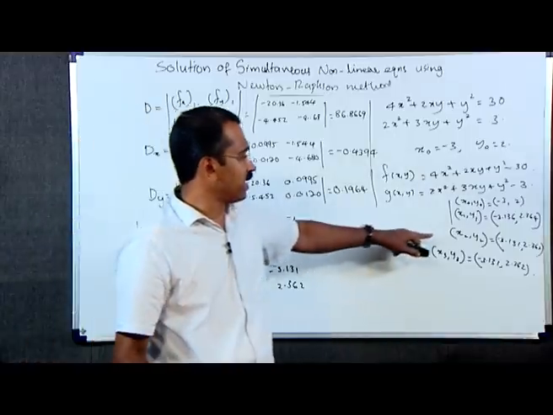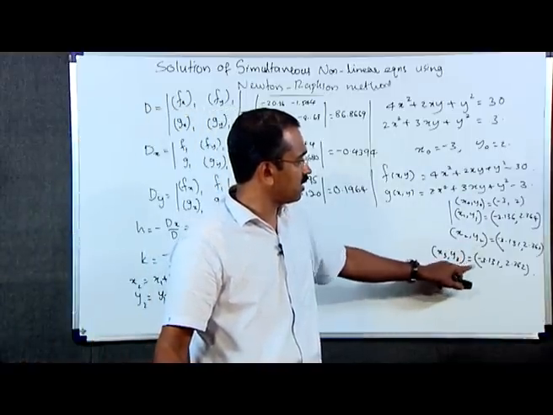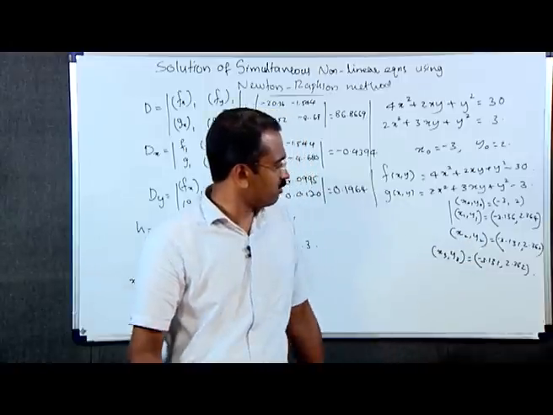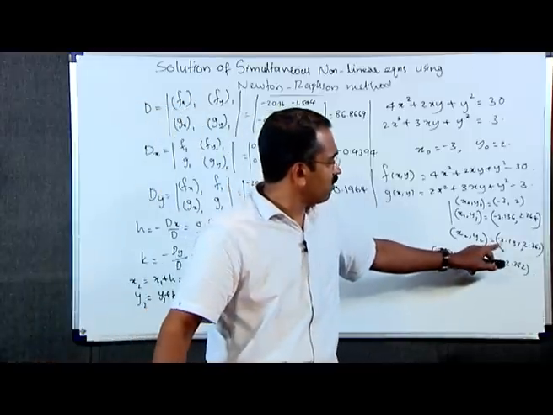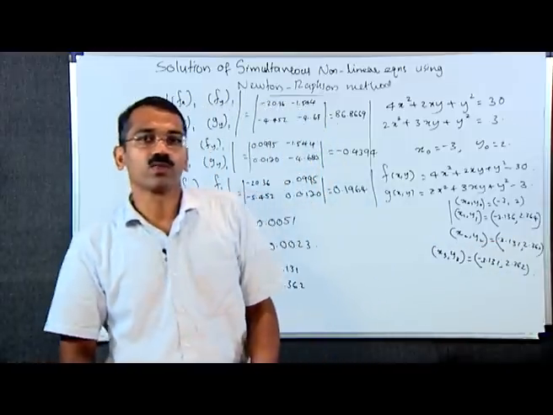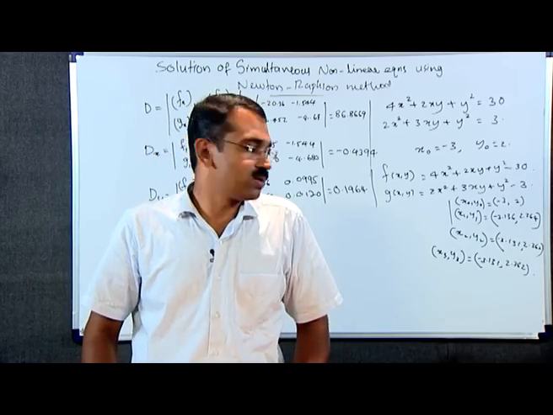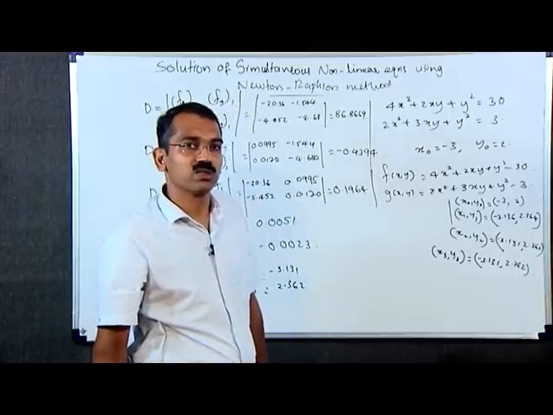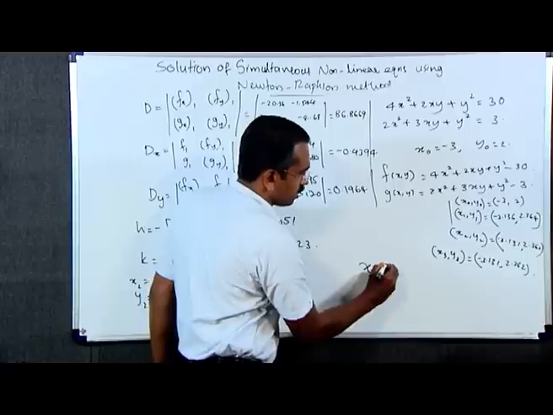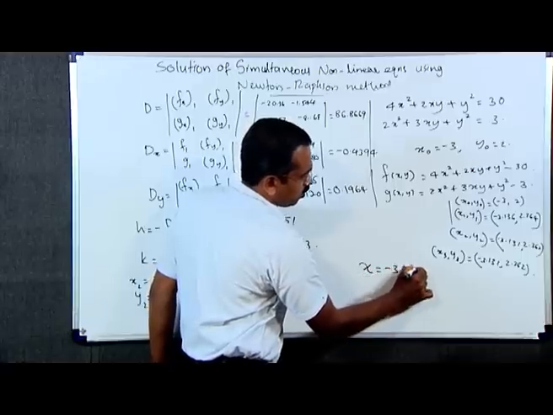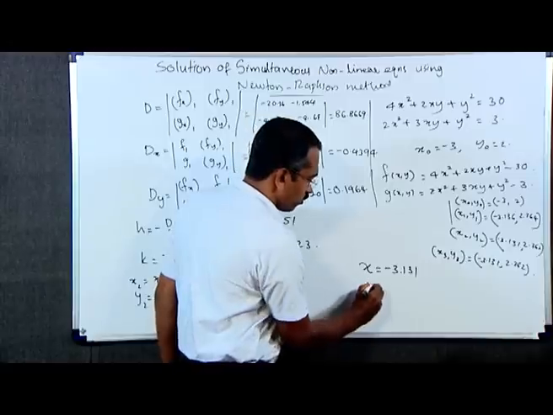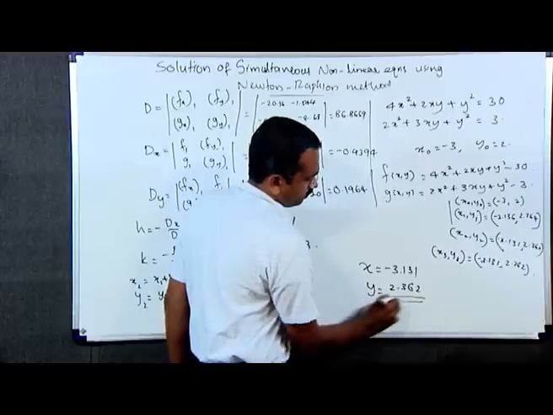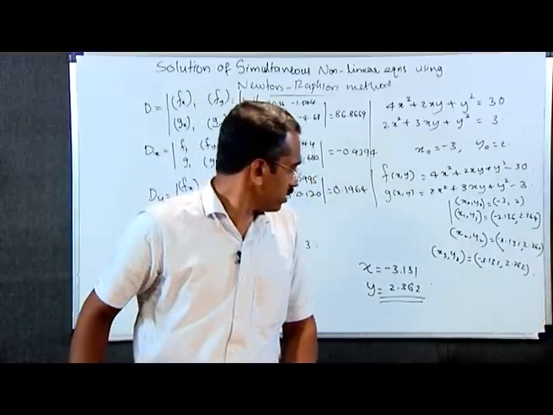In the second and third iterations, we can conclude that the approximate values of x and y are approximately the same. Therefore, the required solution of this system correct to 3 decimal places can be written as x is equal to minus 3.131 and y is equal to 2.362, which is the required solution.